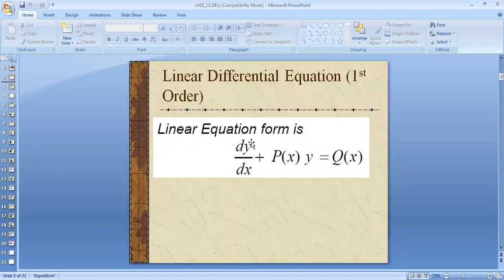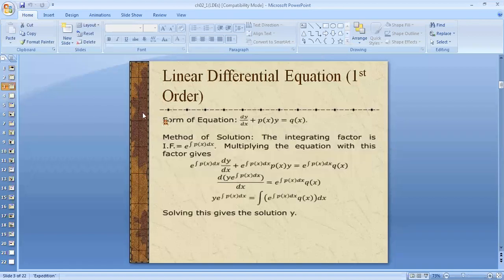Otherwise, if P is a function of y, so that it is multiplied with y, then it is not linear; it becomes non-linear. So a linear differential equation of first order is dy/dx plus P(x)y equal to Q(x). This is the standard form of linear differential equations.